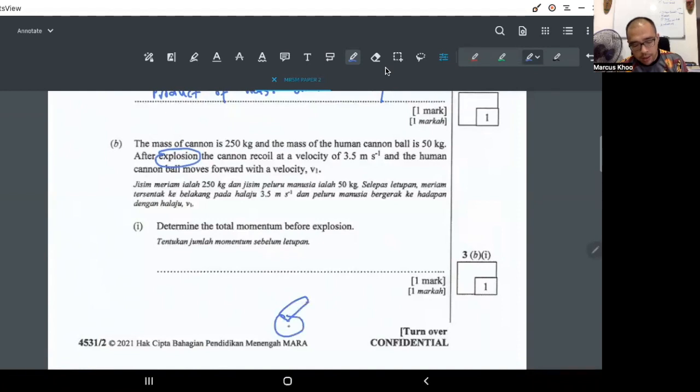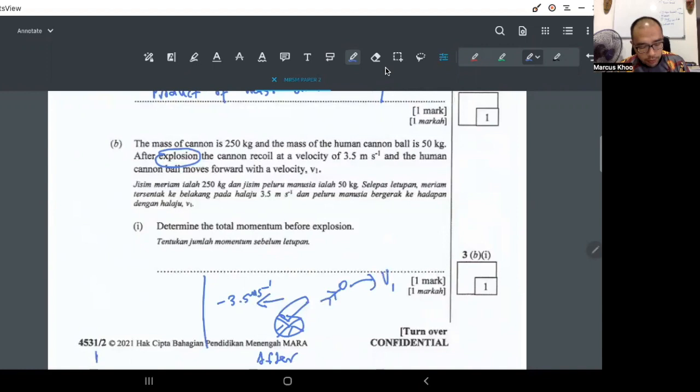The cannon is going to move backwards with 3.5 meters per second. Now it's moving backwards, which means the velocity direction is very important. It's going to be negative 3.5 meters per second. And the human cannonball, who flies forward, is going to move with a velocity of v1. But this is after.